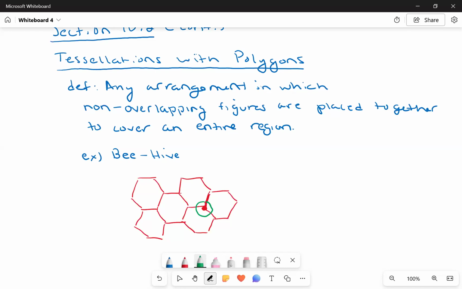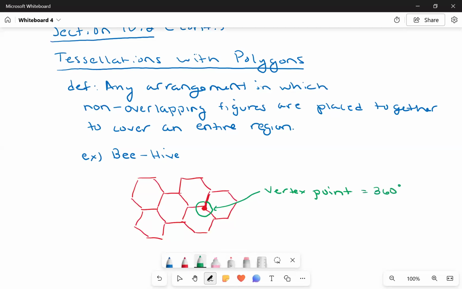They have a name: a vertex point, where all the vertex angles come together. We'll talk more about that in a little bit when we see some other types of tessellations. What's kind of cool, though, is that it has to add up to 360 degrees. It has to.